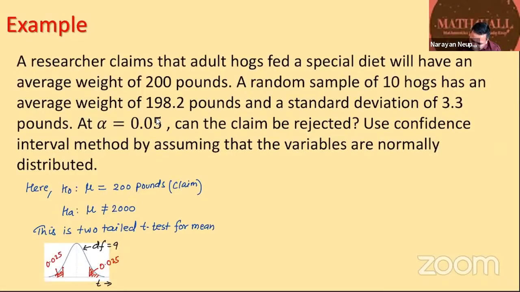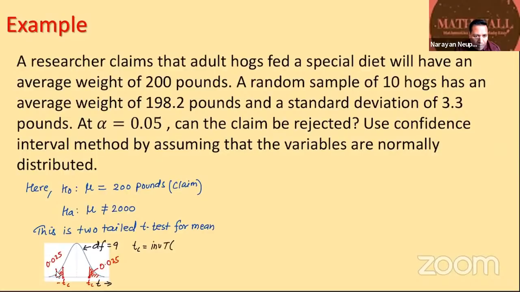And the values here are the critical values, tc, one is positive, the other one is negative. Now, in order to find this, we can use any of the areas. So let's work on the left tail here. If we want to find t critical, we have to use inverse T.